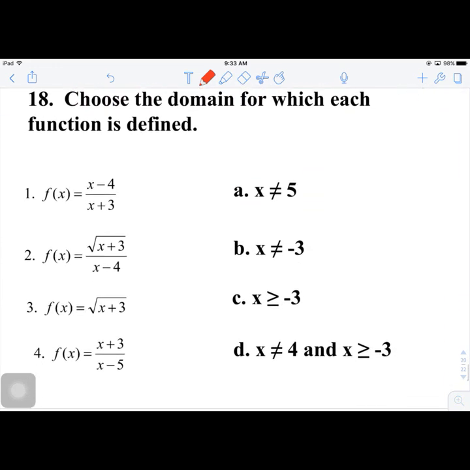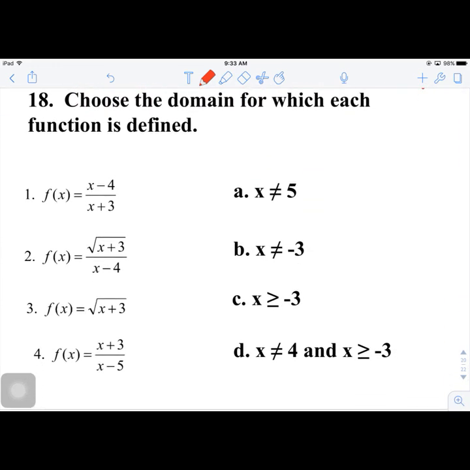Number 18, choose the domain for which each function is defined. So for the function to be defined, since this is a rational function, which means it has a fraction, we're basically looking for the denominator to not equal 0, because we cannot take any number divided by 0.